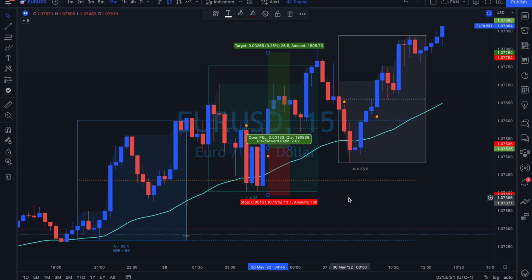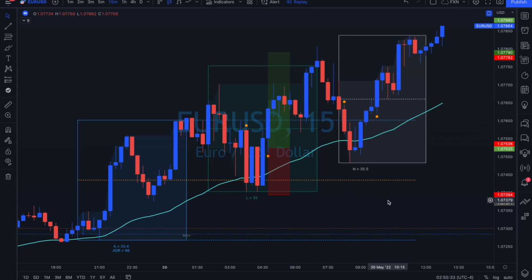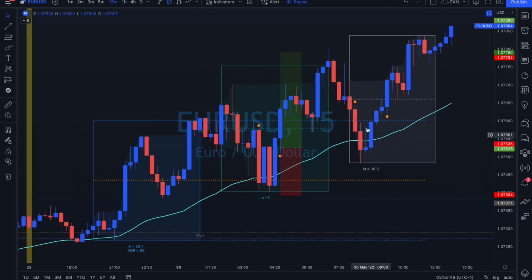Okay. Now, a second way that we can use the 50 EMA as well is in the US session on continuation trades. So continuation trades look like this. When you get a pullback that's happening literally at the beginning of the US session, what do we end up getting? We end up getting a star pattern that also is pinning to the 50 EMA.